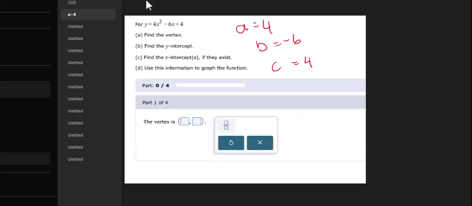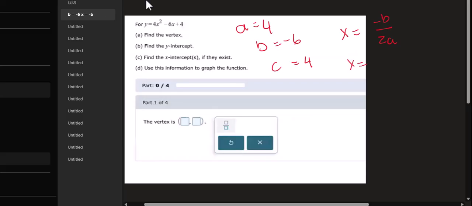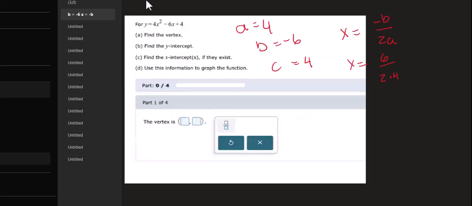The x-coordinate of the vertex is x equals -b over 2a, or x equals 6 over 2 times 4, which is 6 over 8, which is 3/4, which is unfortunate. But I believe that is correct. -b over 2a, yeah.